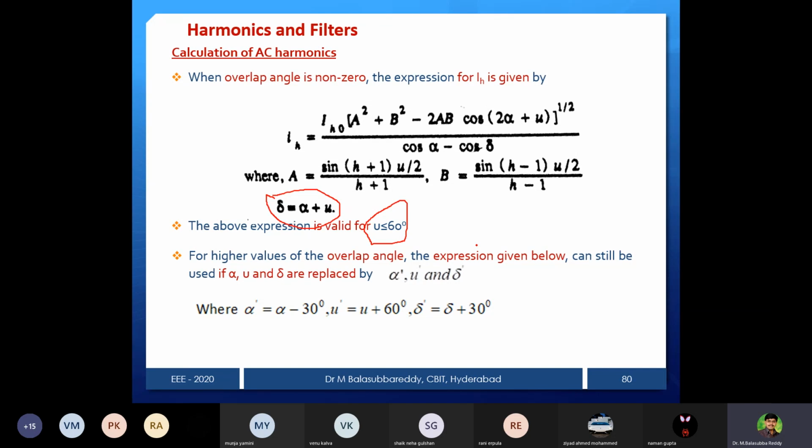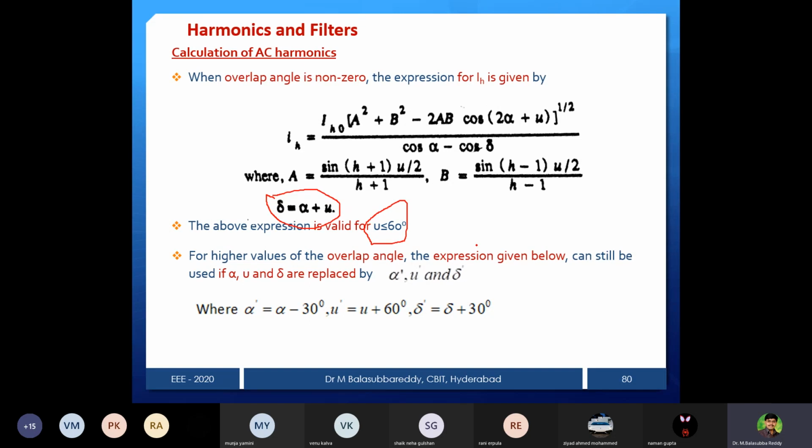As you noticed in the second unit also, based on the overlap, whether overlap period is more than 60 degree, less than 60 degree or equal to 60 degree, the conduction intervals are going to take place. Suppose it is less than 60 degree, there is 2 valve conduction and then 3 valve conduction. Exactly equal to 60 degree, at all instants 3 valve conduction is taking place, and greater than 60 degree, 3 valve and 4 valve conduction is going to happen.